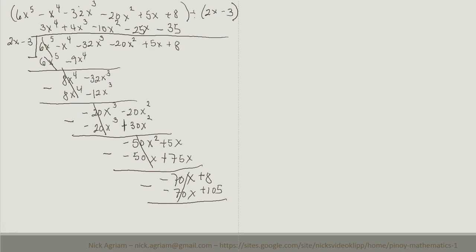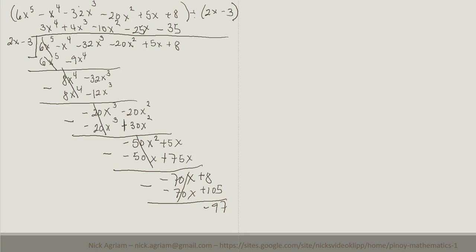Subtract, this is 0. Then we have negative 97. So our answer is that one now. I hope that's alright. We get the correct answer.